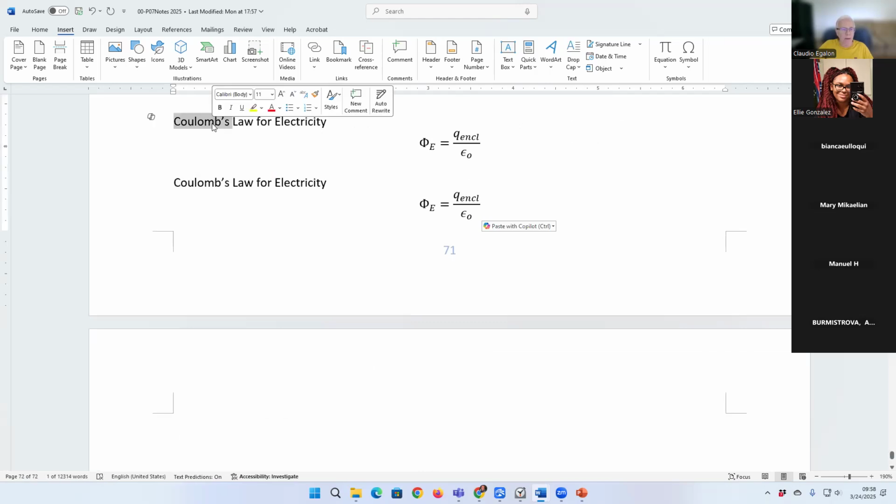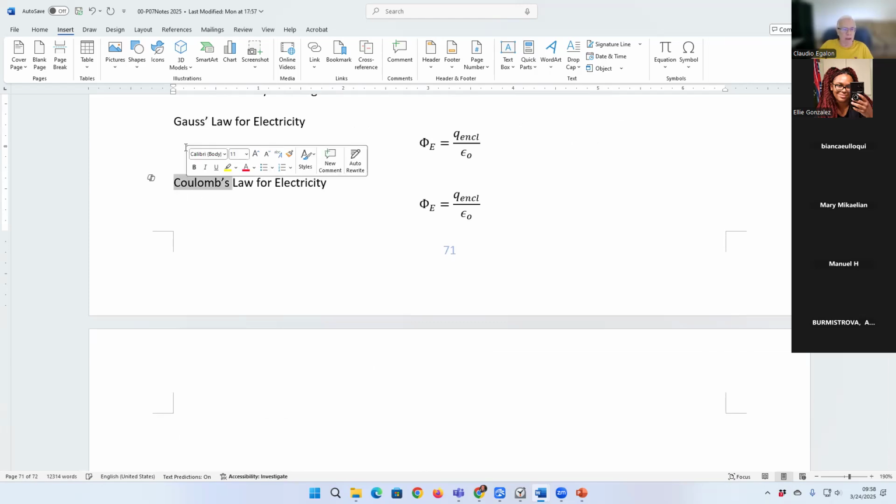In this format, we call it Gauss's law for electricity, okay? And then we also have Gauss's law for magnetism. Here we change it from E to B. And what ends up on the right side is going to be the number 0.